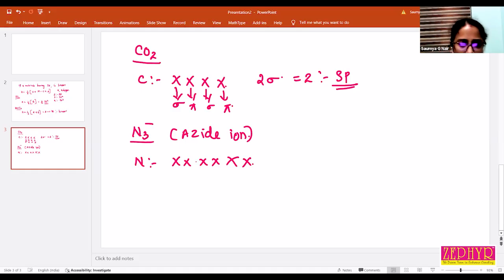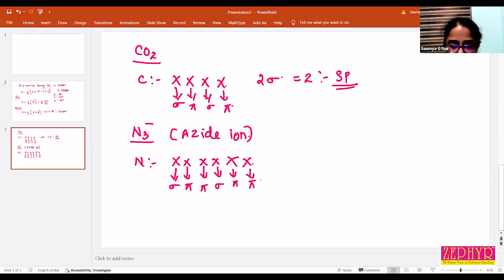Each of the 2 nitrogen atoms is bonded to the central atom with 1 sigma and 2 pi, so in total 2 sigma and 4 pi.